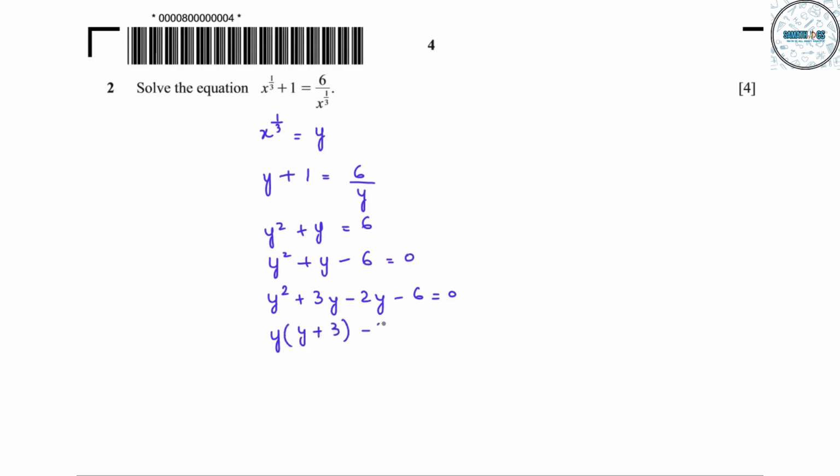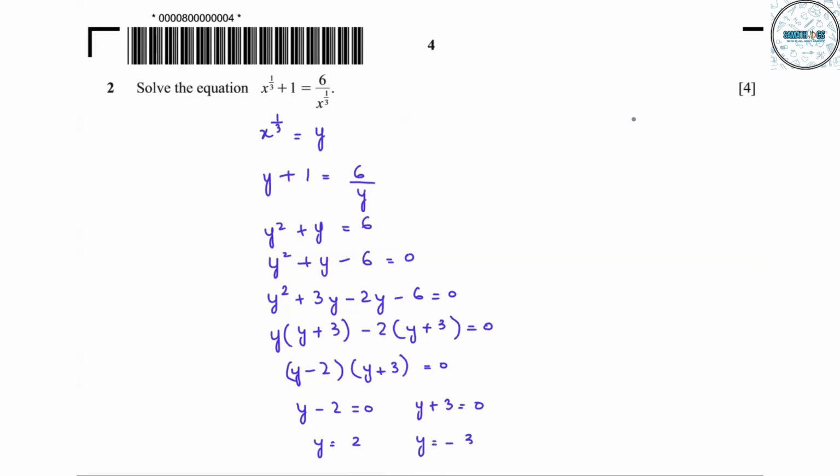Then minus 2 is common, y plus 3 is equal to 0. One of the factors is y minus 2. Another factor is y plus 3. We'll take out the values of y. y minus 2 is equal to 0 and y plus 3 is equal to 0. y is equal to 2 and y is equal to minus 3.